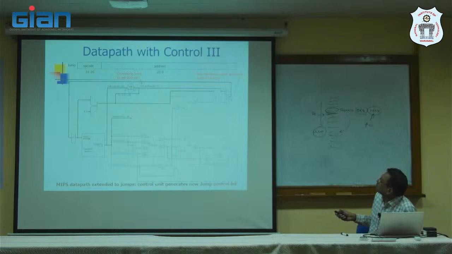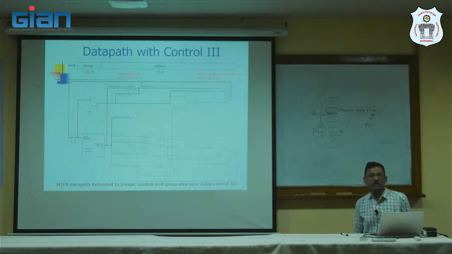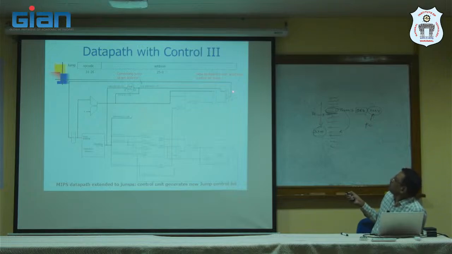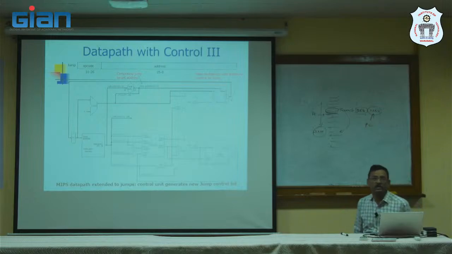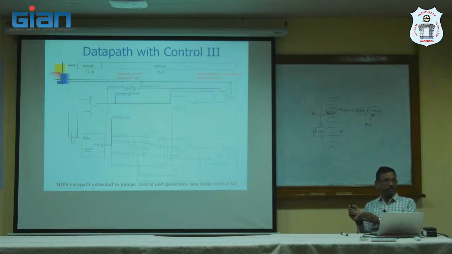Okay, this is the data path with control 3, where one more component is added, an extra multiplexer. This is to support the unconditional jump instruction.